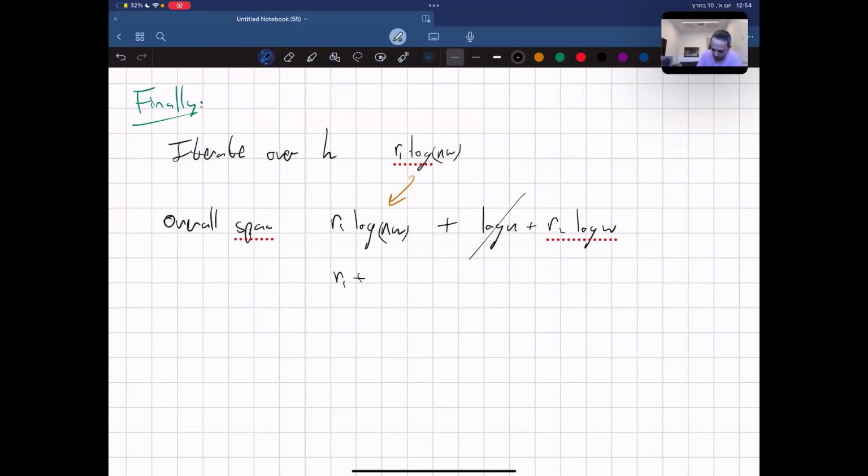And you have R1 plus R2 log W plus R1 log n.